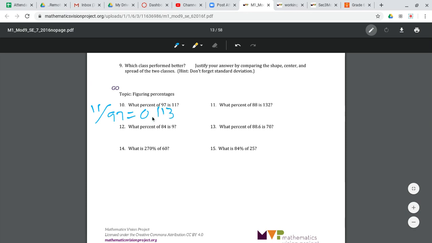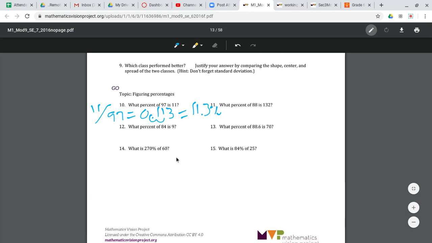Now remember, when we deal with percentages, we always move the decimal 2 places because we're multiplying by 100. So it equals 11.3%. So that's what you're doing on the ones that are in the form, what percent of 97 is 11. So that'll be like how you do number 11, how you do 12, how you do 13.